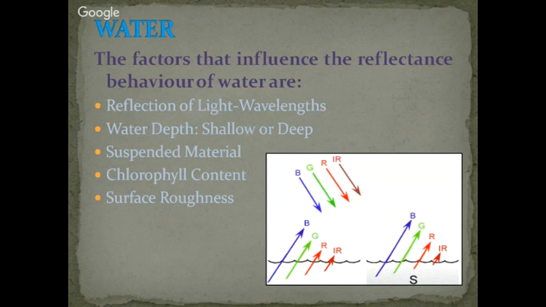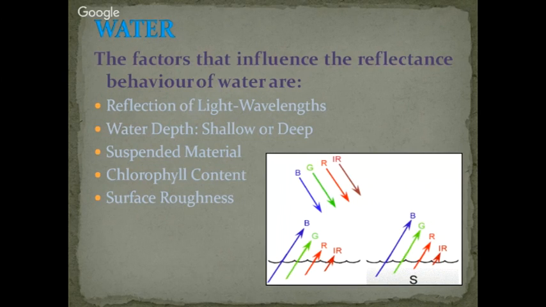With higher chlorophyll content, sometimes water bodies also appear greenish to us, so that greenish color is due to the higher chlorophyll content in the water bodies. In that case, apart from blue, the surface is also reflecting a higher amount of green wavelength, 0.5 to 0.6 micrometer energy, and therefore that water body will appear bright green to us.